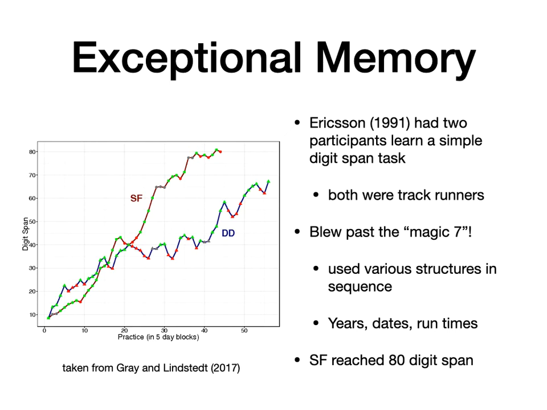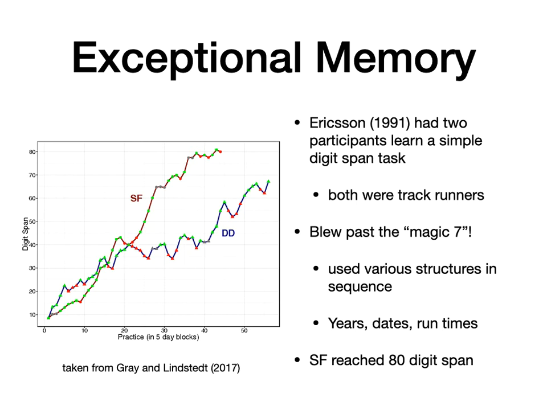They were building these deeper memory structures. In particular, they were using things like good run times that they'd had in track. They had access to a lot of very familiar numbers that they were able to compile into their memorization tasks. So they could reach spans of memorizing 80 digits at a time. They could sit down, have 80 digits presented to them at the same slow rate that I did to you, and they could memorize 80 of them correctly and spit them back out.